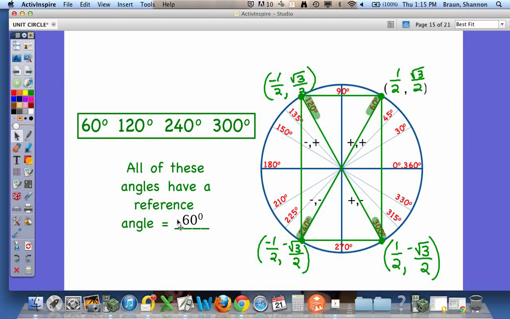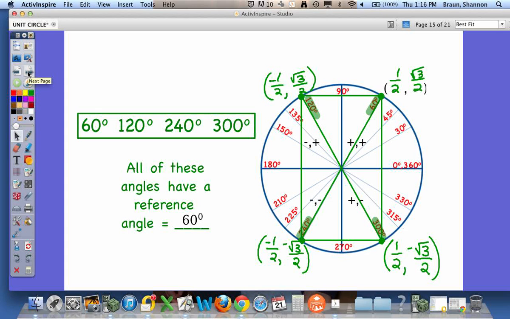So those all have a reference angle of 60 degrees. Okay, what do we have left?